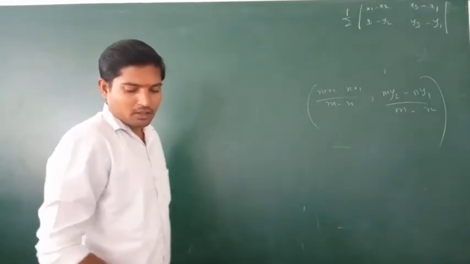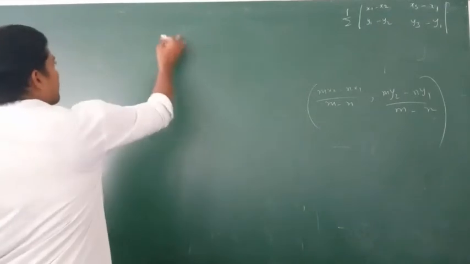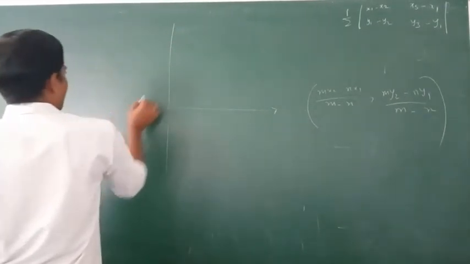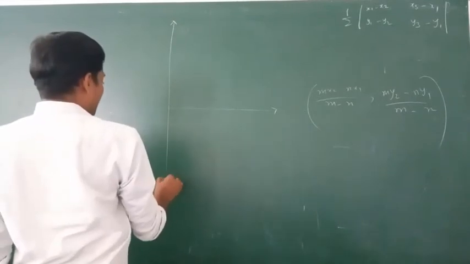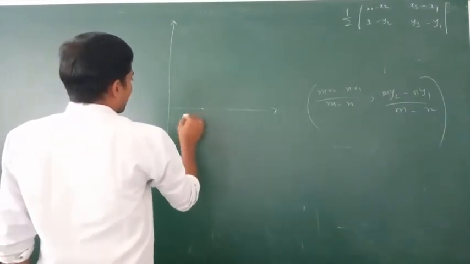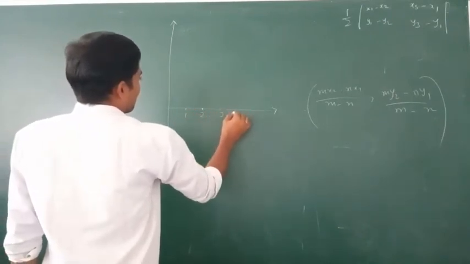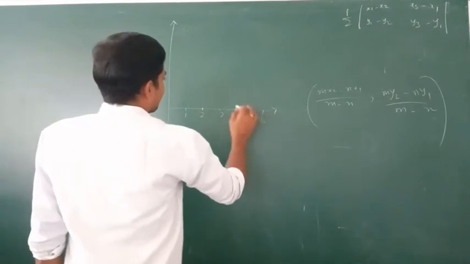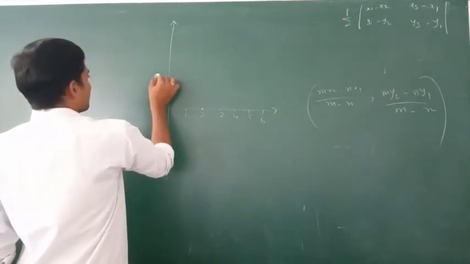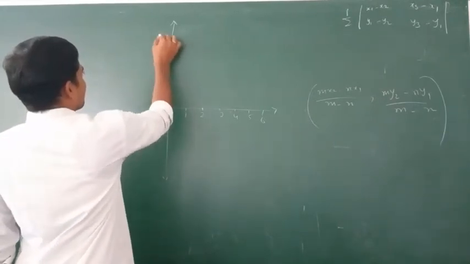Suppose coordinate axis, suppose this is 1 2 3 4 5 6, and I taken a point here 1 2 3 4 5 6 7.